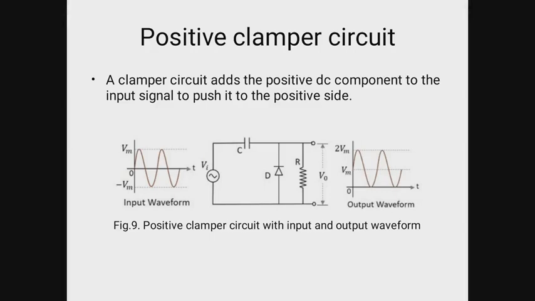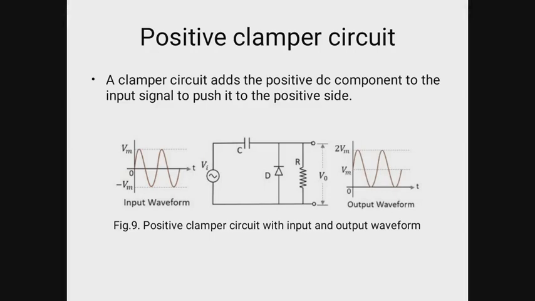We already saw that the capacitor voltage is the maximum peak voltage in the negative direction, which is minus Vm. So if we put in the value, we get V0 equal to Vi minus (minus Vm), that means Vi plus Vm.